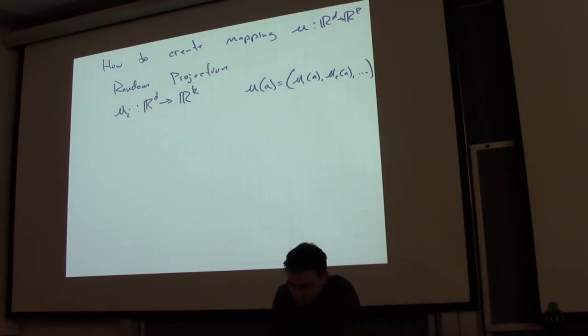In order to do this, we need to create u_i, which is going to be a d-dimensional normal distribution, basically, like a d-dimensional Gaussian.